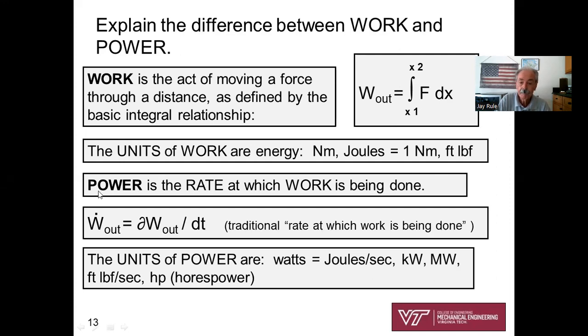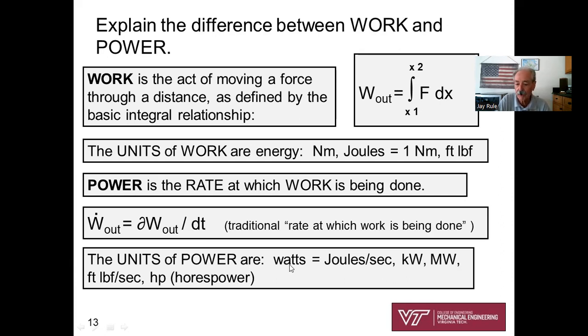Power is different. Power is the rate at which this work is being done. If you go to your textbook, you can find W dot. We put a dot over the top of W to depict power. W dot is delta W over dt, the rate at which work is being done.